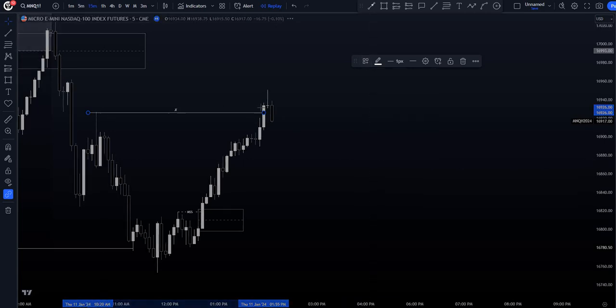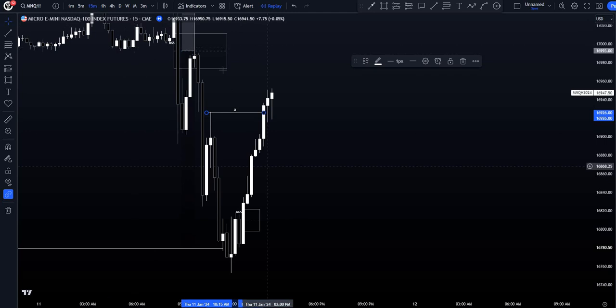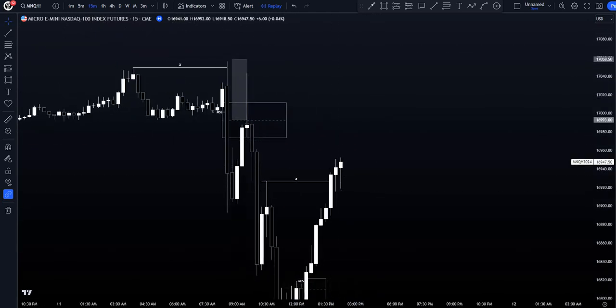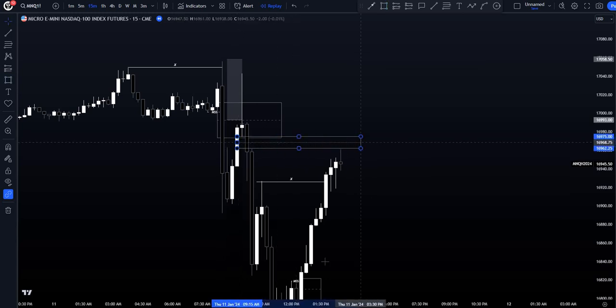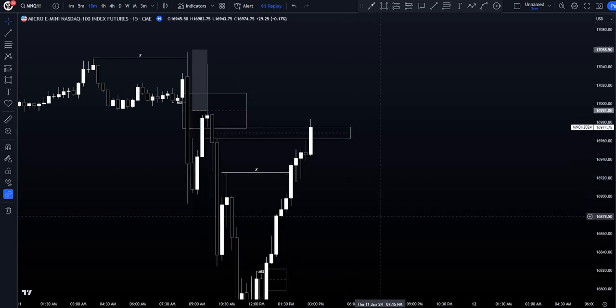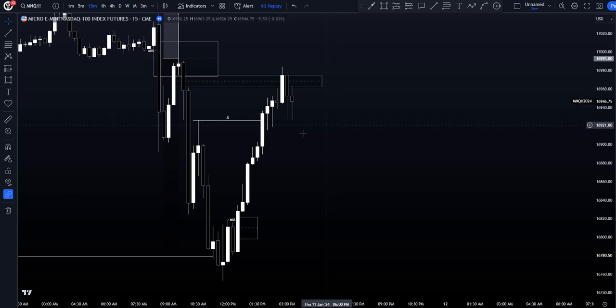On the 15 minute, this is purging liquidity right here. We are trading higher, and as you can see, we are heading up even higher now, tapping into potentially this fair value gap for a continuation lower. Let's see if we tap into it. We do get a mitigation here, and let's see if we trade lower. We start to trade lower now.